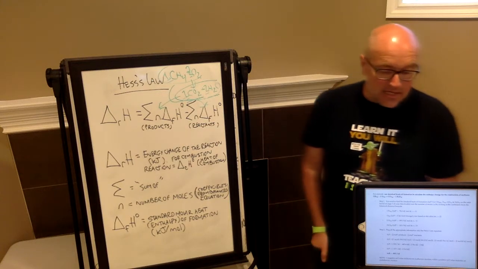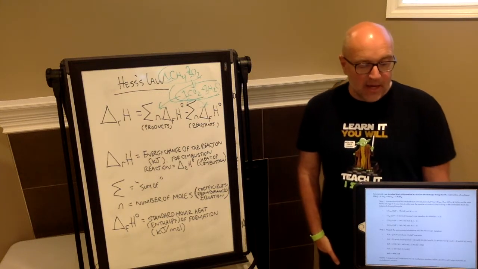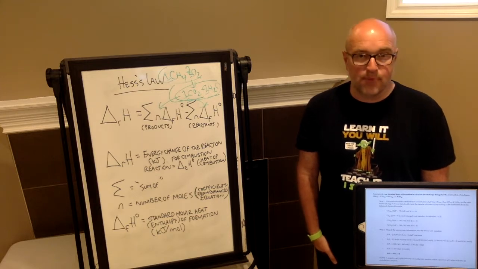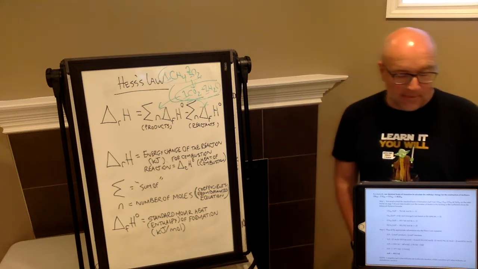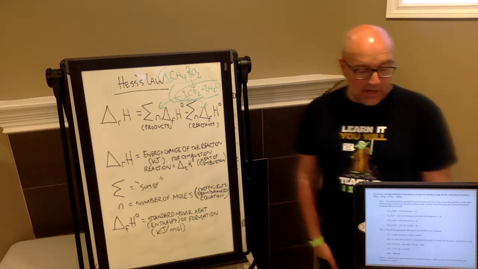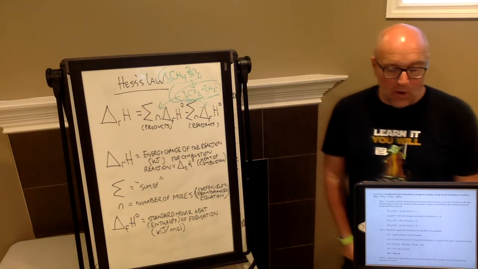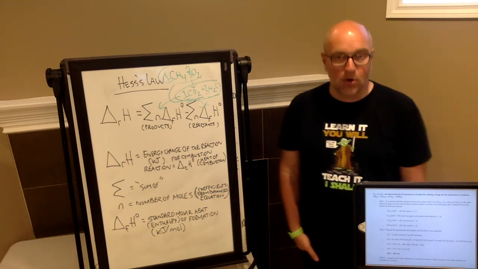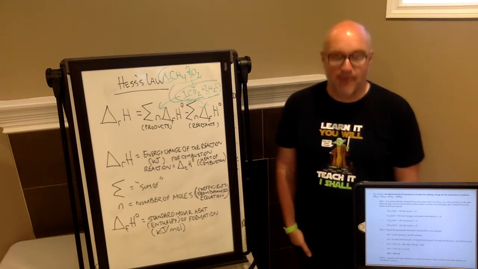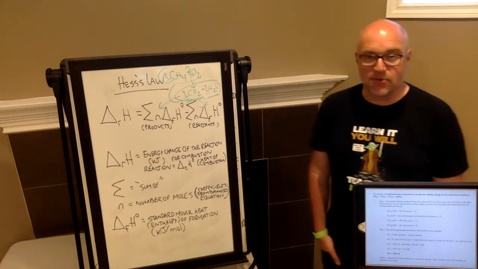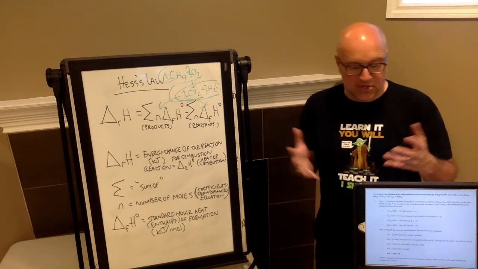I'm going to add that to 2 moles times negative 241.8 kilojoules per mole. That's going to represent my water. I'm then going to subtract all of that value from 1 mole times negative 74.6 kilojoules per mole for the methane, and 2 moles times 0 kilojoules per mole for the oxygen.